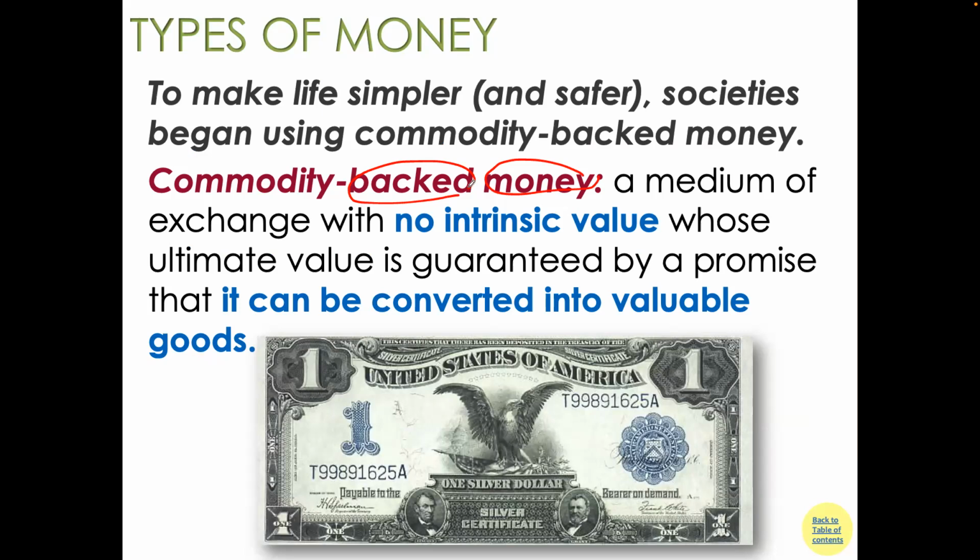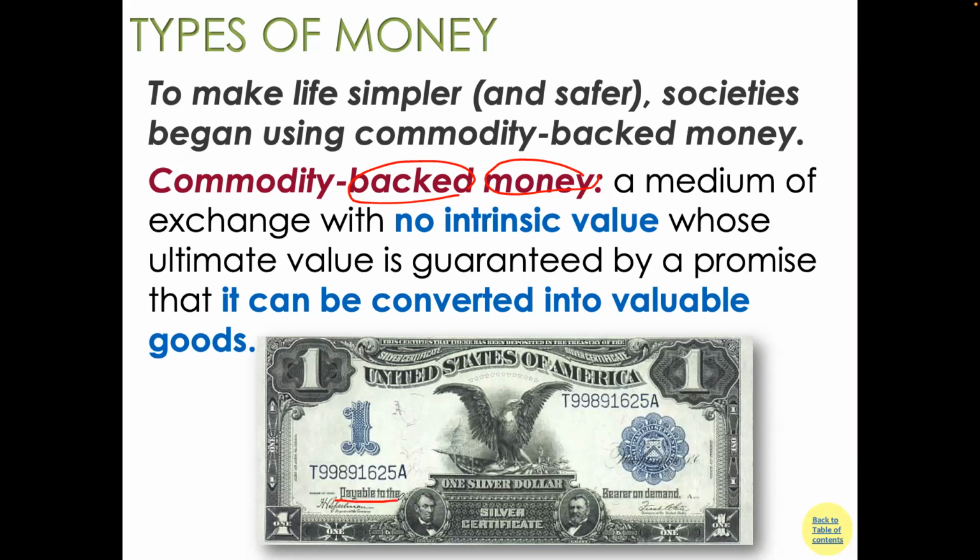Now let's take a closer examination at this piece of paper. This was printed, I cannot find the date, maybe like 18-something, right? This is in the United States. Now, what I want you to pay attention to is right here.